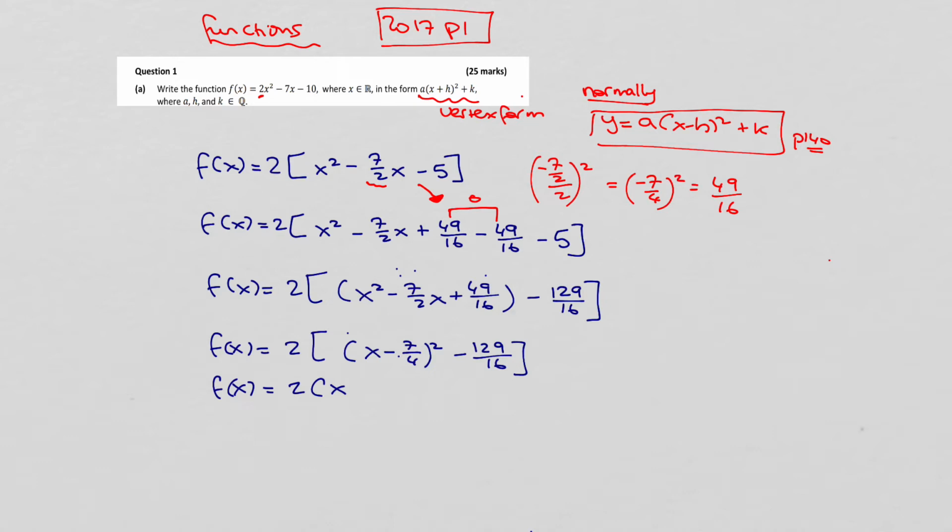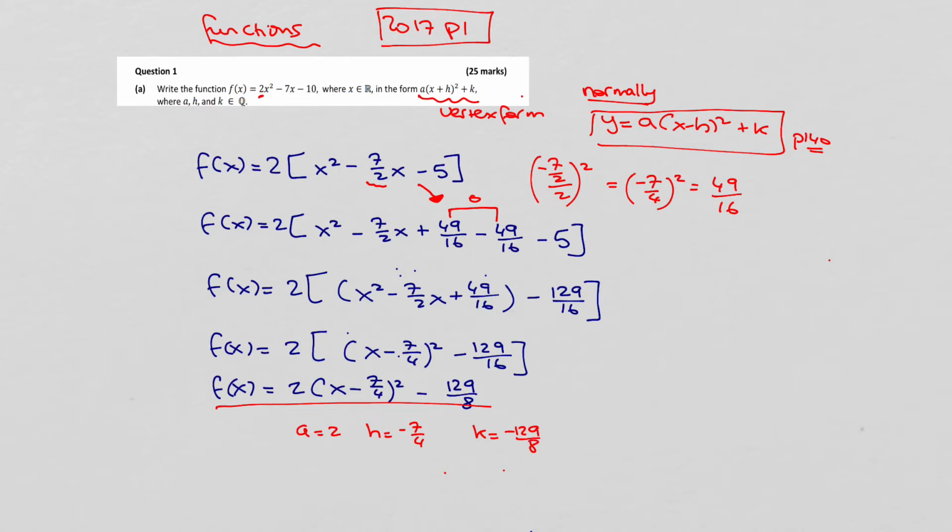So that's 2 times x minus 7 over 4 to be squared, minus 2 times 129 over 16, which is 129 over 8. And therefore, if I'm looking at the answer, a is 2, h is minus 7 over 4, and k is minus 129 over 8.